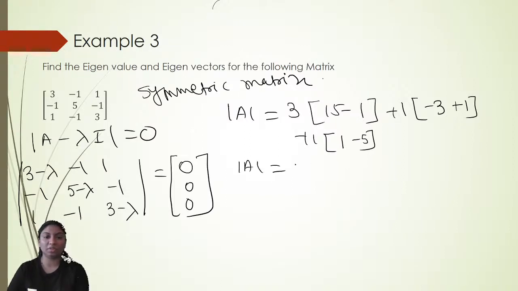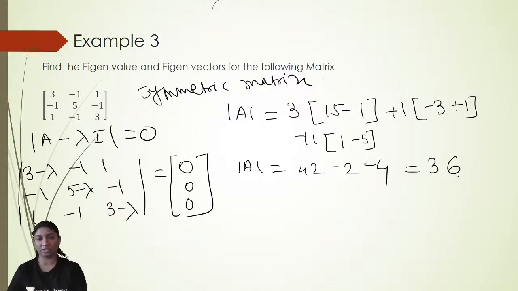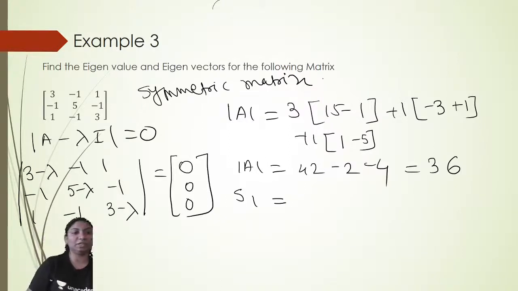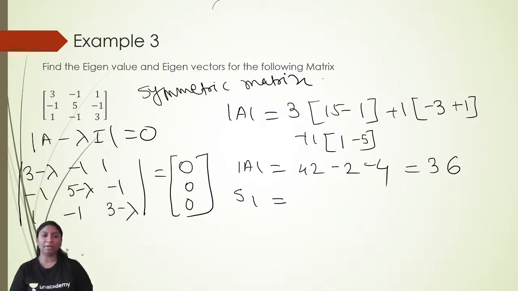So determinant of A is equal to 3 into 14, 42, minus 3 plus 1, minus 2, minus 4. So 42 minus 2, 40, 40. So determinant of A is equal to 36. Similarly you can calculate S1, which is A11 plus A22 plus A33, 11.